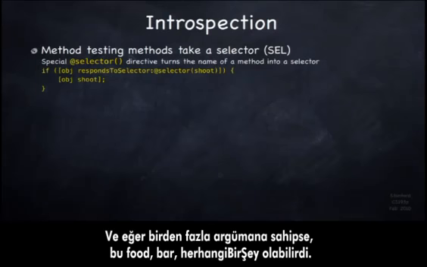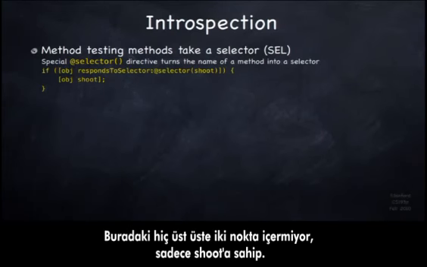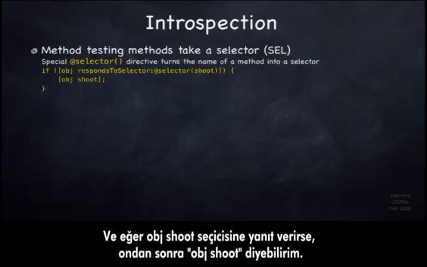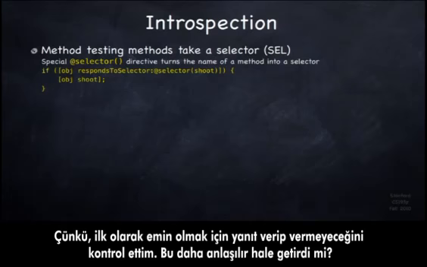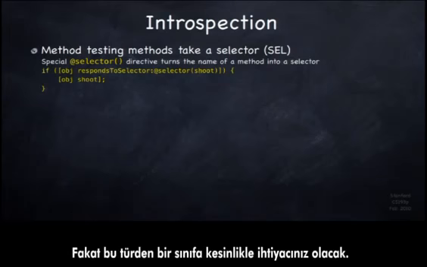If it had multiple arguments, this would be foo:bar:whatever:, the full name of the method including all the colons. This one has no colons, so it's just shoot. And if obj does respond to selector shoot, then I can just say [obj shoot], because I've checked first to make sure that it responds to it. Does that make sense? You probably won't need this one for your assignment. You might be able to use it actually, but isKindOfClass you'll definitely need.